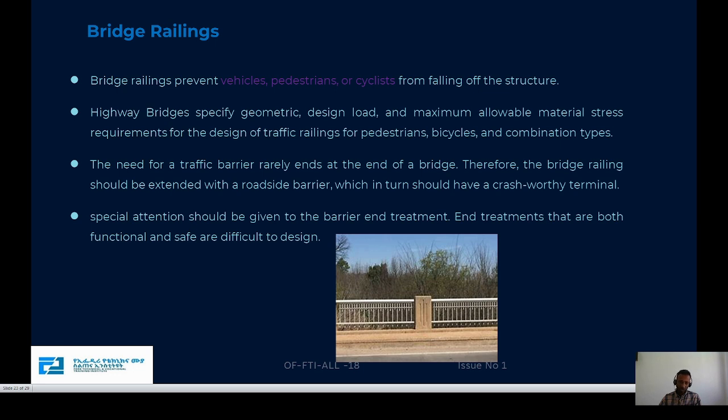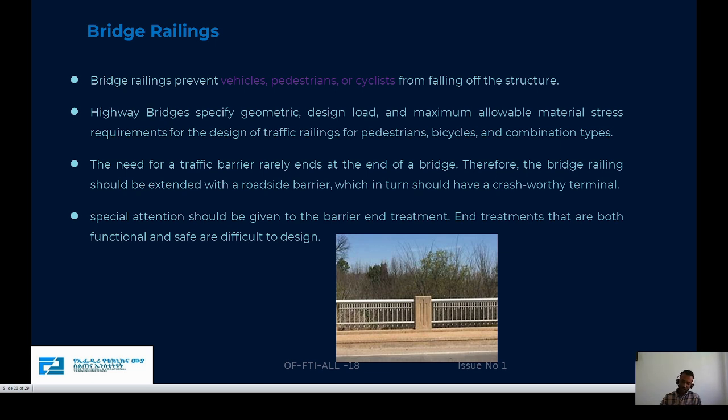This needs a traffic barrier at the end of the bridge. So the road barrier or traffic barrier will run up to the bridge, and we continue the bridge railing after the traffic barriers.